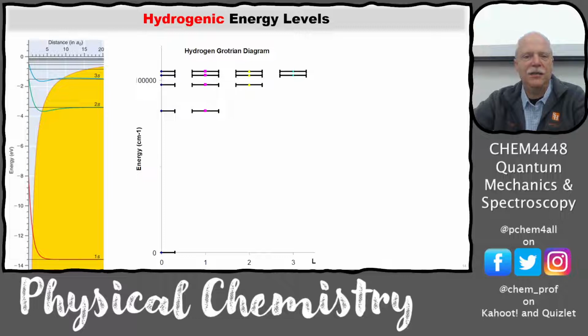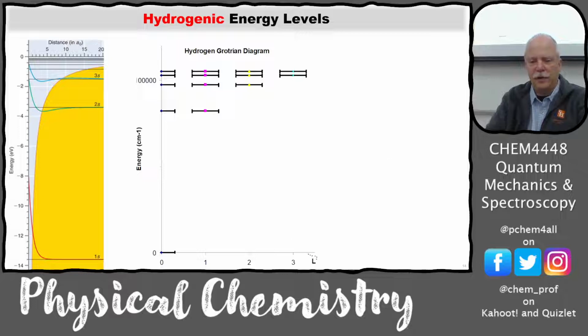Let's look at the energy levels and then introduce this idea of a diagram called the Grotrian diagram. So over on the left are the energies we got from the Schrodinger equation. If we incorporate the angular momentum quantum number, down here I capitalized it, but we can make it a lowercase l, 0, 1, 2, 3.